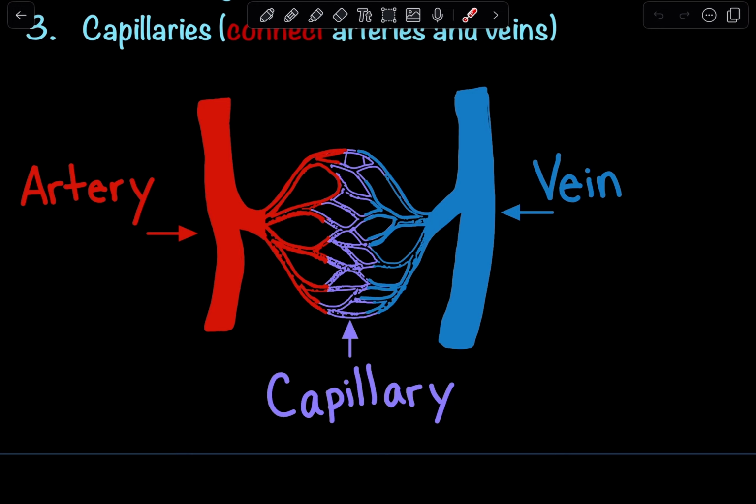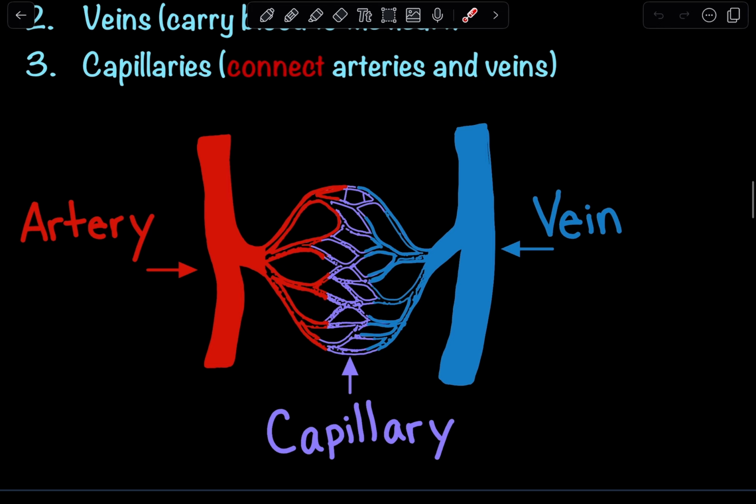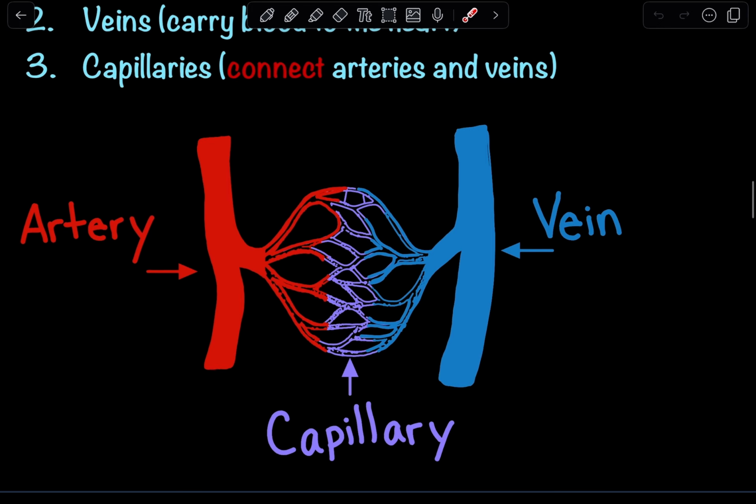It's just going to be a darker red color. So we do this in textbooks for simplicity, where we color in the veins blue, but that's not actually the case. Veins will just be a darker shade of red to denote that it's deoxygenated blood compared to our artery, which is carrying oxygenated blood, so it's a brighter red.